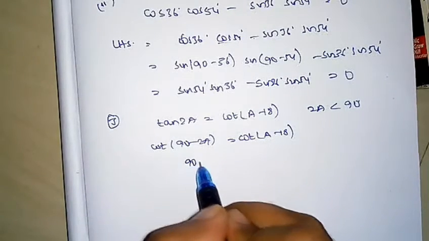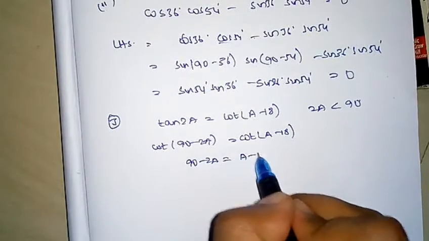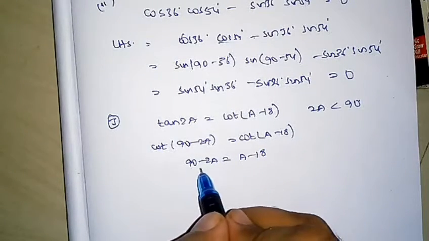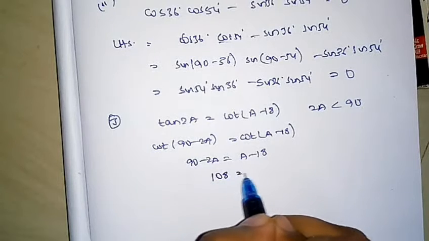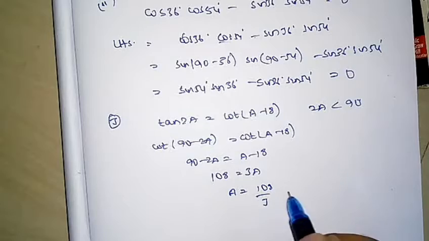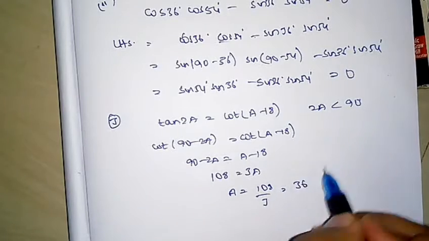So 90 minus 2A is equal to A minus 18. If you send 2A to this side and 18 to this side, 90 plus 18 is 108, which is equal to 3A. Therefore A is equal to 108 by 3, which is equal to 36.